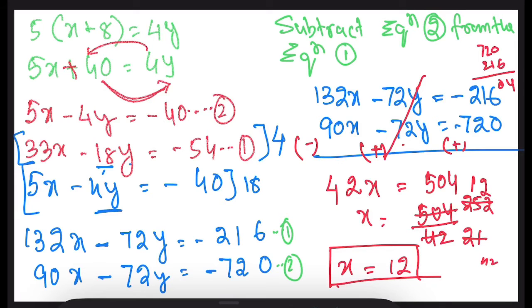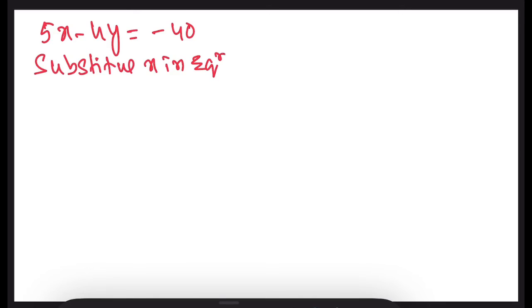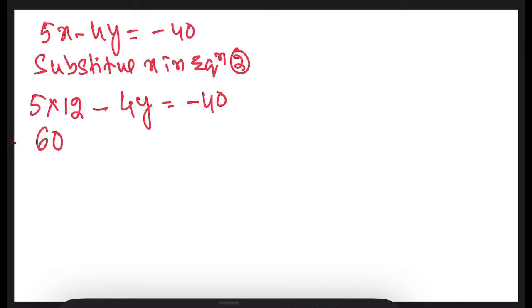Substituting x in equation 2, 5 into 12, since the x value is 12, minus 4y equals minus 40. 12 5s are 60, so 60 minus 4y equals minus 40.